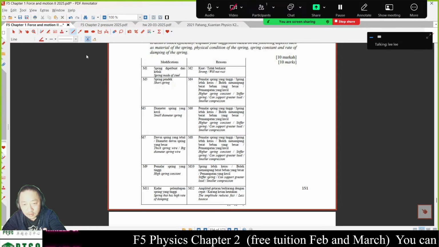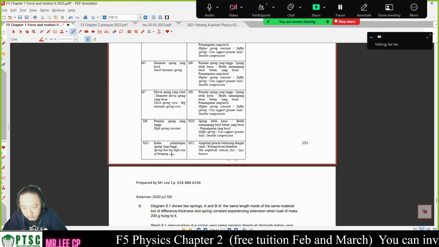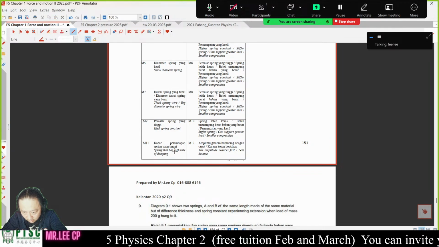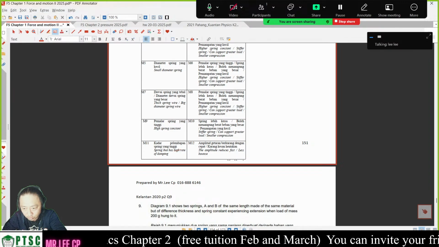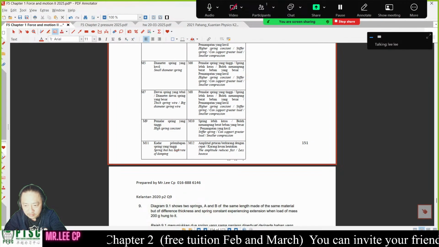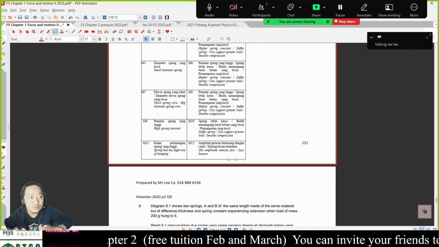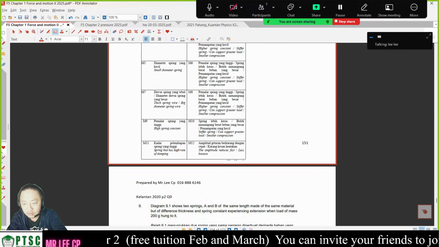The answer is here. So, low rate of damping. You don't want it to damp for such a long time. So low, low.